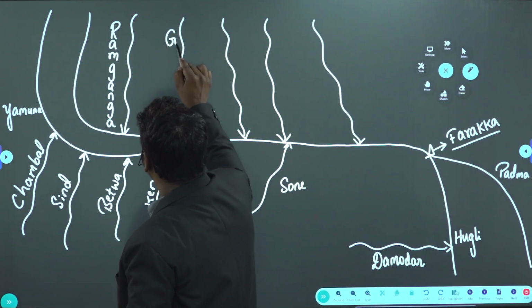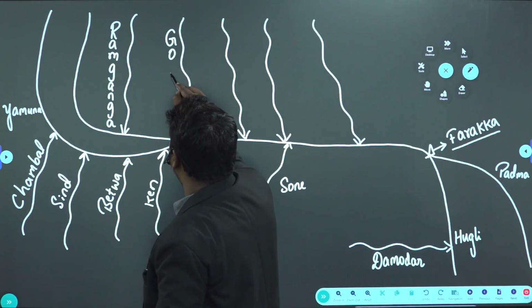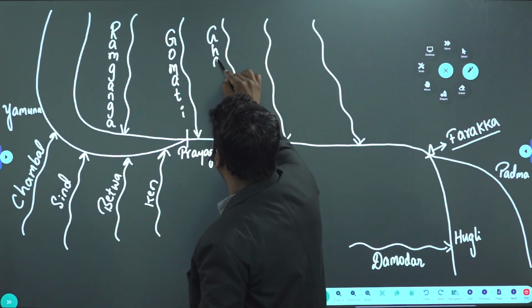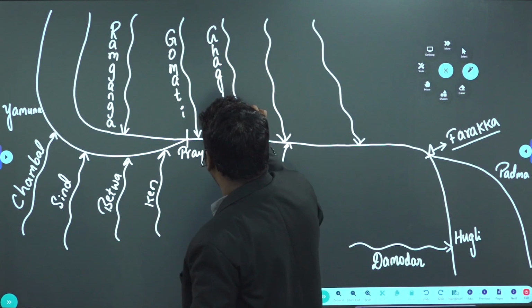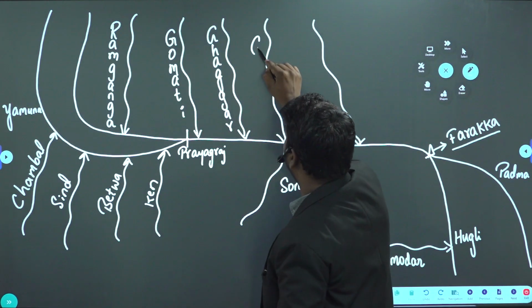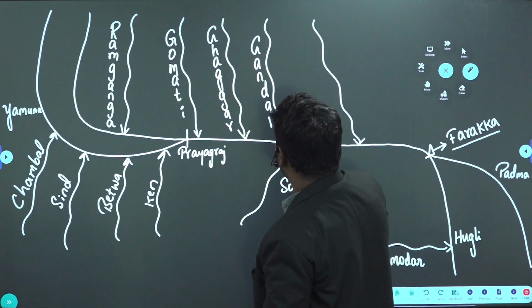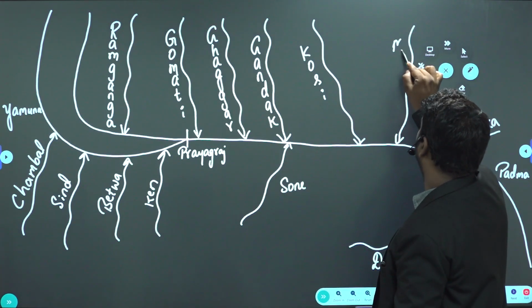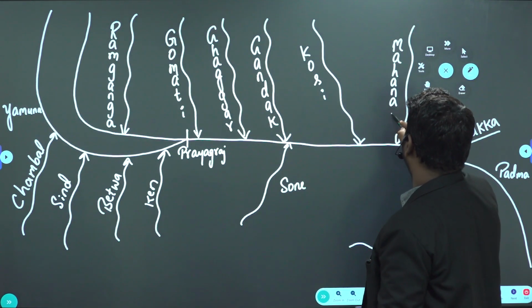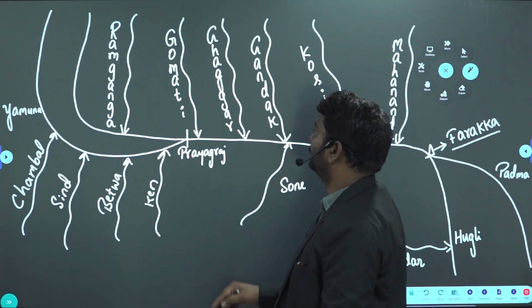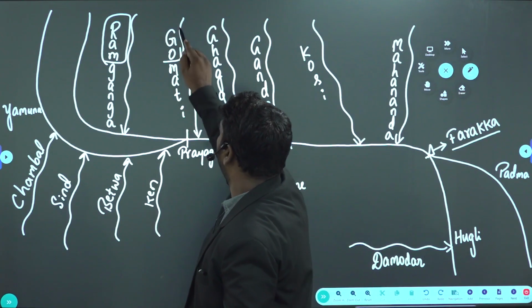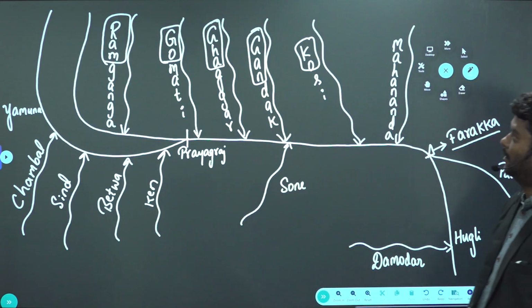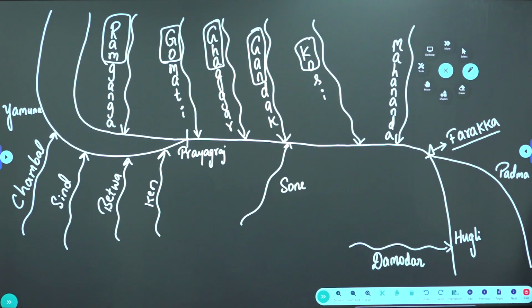Then Gomati, Gaggar, Gandak. Ram Go, Gagan Go.